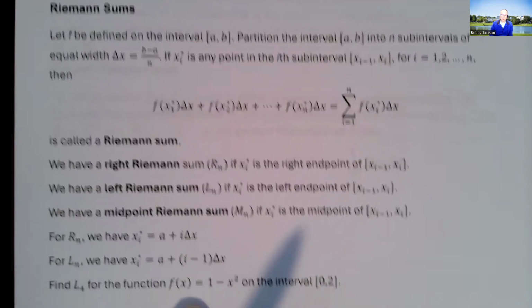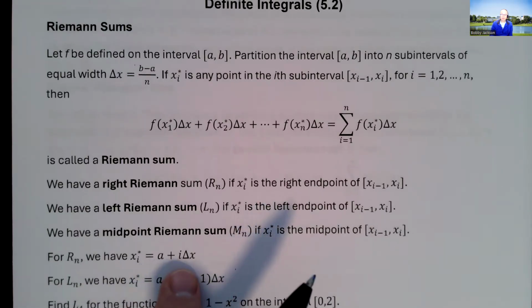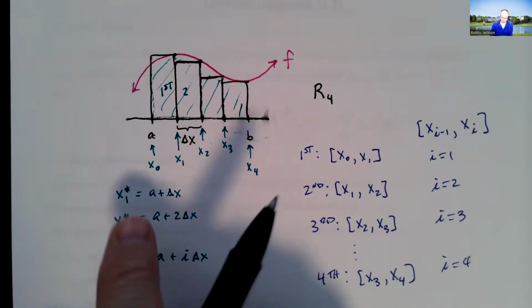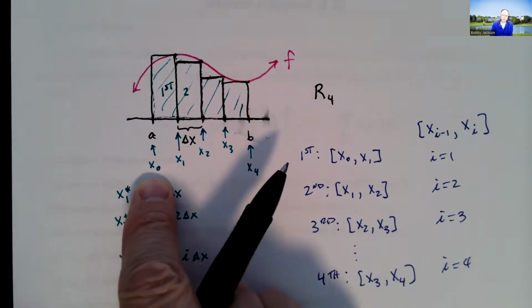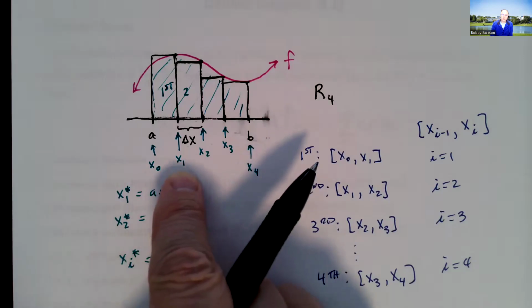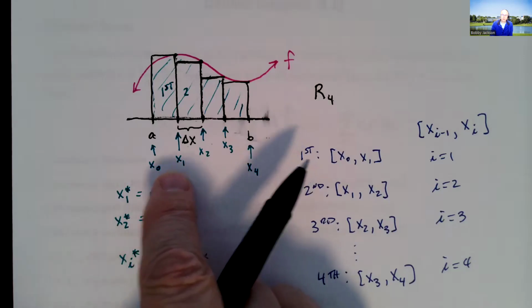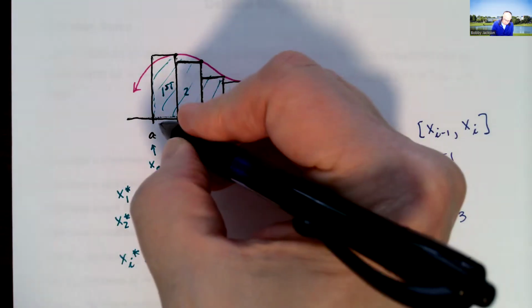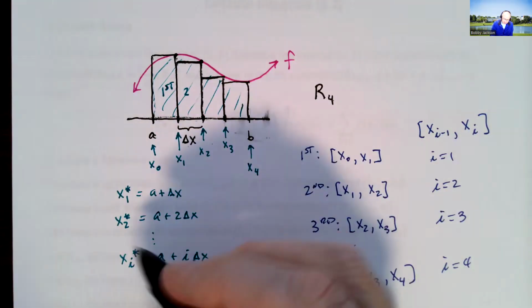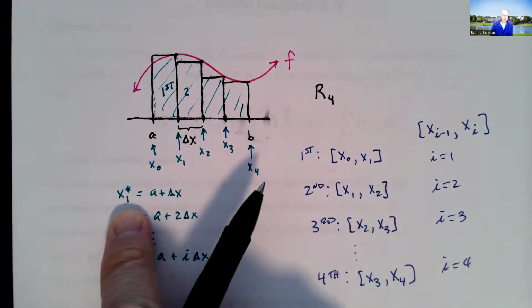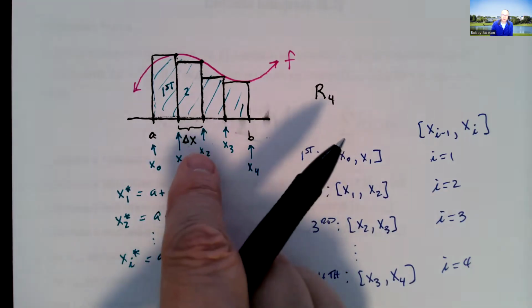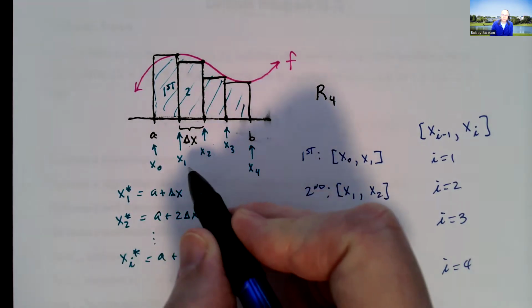And why are the right-hand endpoints a plus i delta x? Well, look at the first one. The first subinterval is from x sub 0 to x sub 1. So notice x sub 1 star would be whatever a is plus the width of our interval, which is delta x. So x sub 1 star will be a plus delta x. What about the second subinterval?